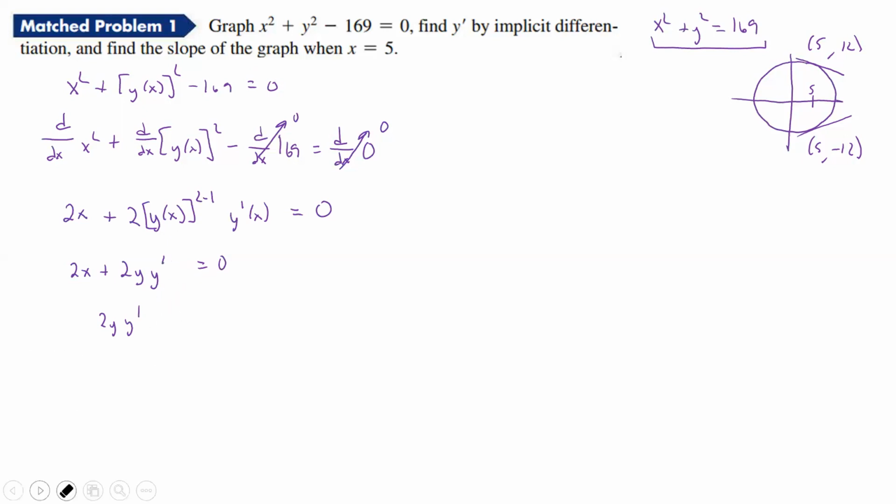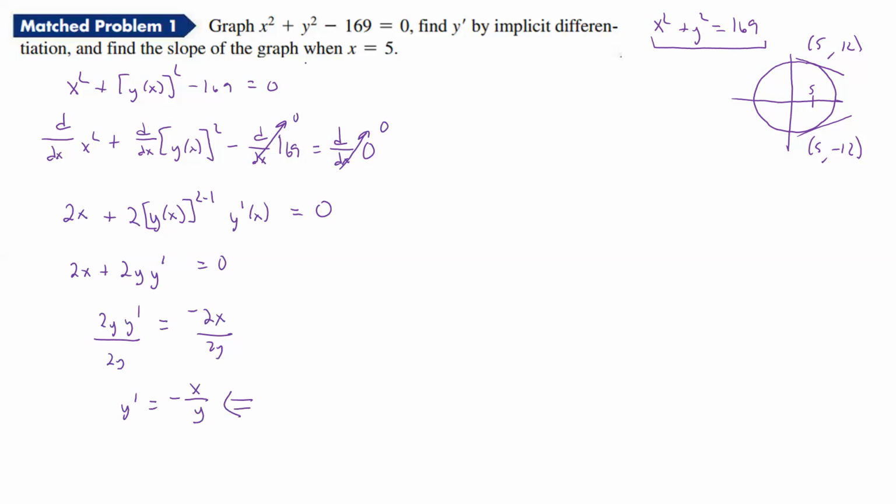I was just in a habit there of doing it. All right, so 2y y prime is equal to, now I took that over, so that's a minus 2x. Solve for y prime, that's divided by 2y. And so y prime is equal to, well, our 2's cancel, so we get minus x over y. So that's my derivative through implicit differentiation.